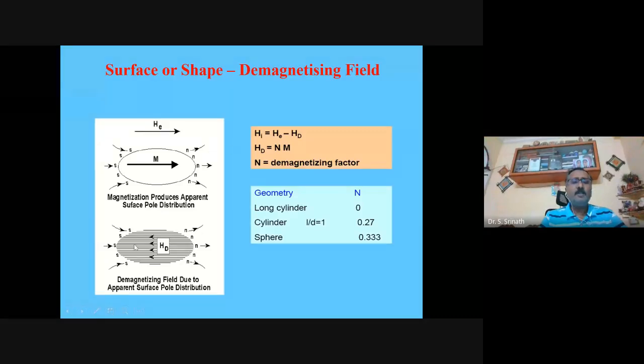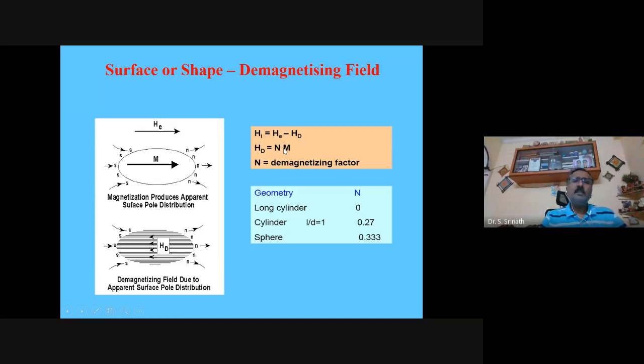The demagnetizing field is proportional to the magnetization itself, because if the magnetization is more, the induced poles are more, and if the magnetization is less, the induced poles are less. Of course, there is a proportionality constant given by the shape factor, which I call n, the demagnetizing shape factor. I'll come to that in a minute.